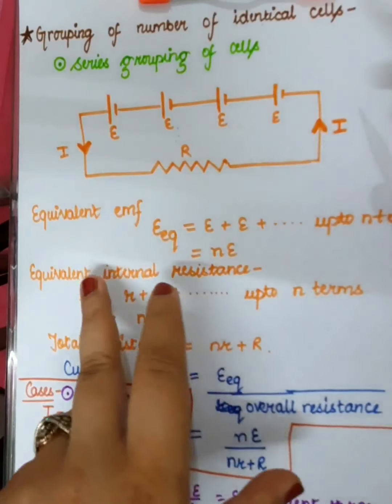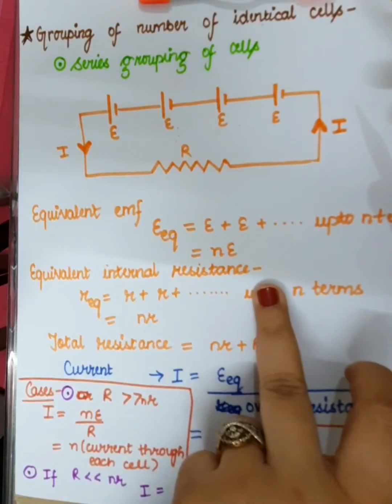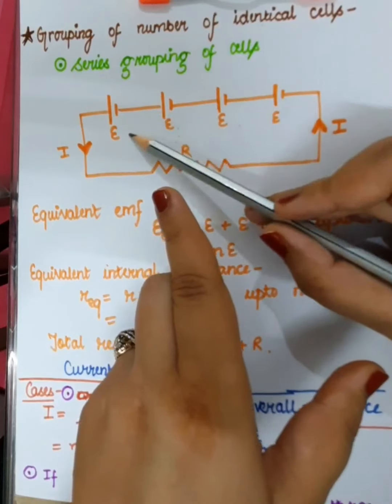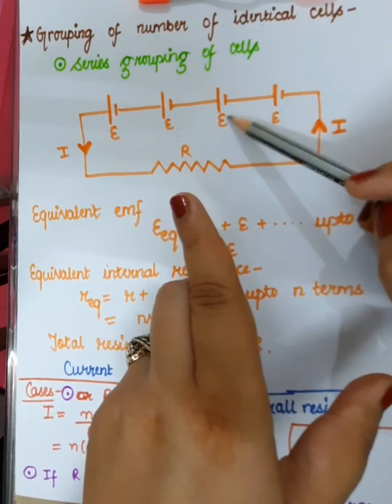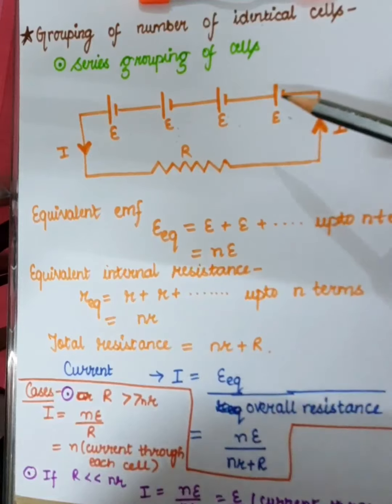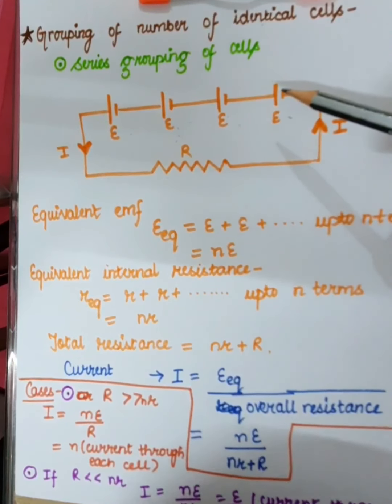And what would be the value of the equivalent internal resistance? Again the same thing. When I took non-identical cells, the equivalent resistance came out to be r1 plus r2 plus r3 plus r4 and so on. Now in place of r1, r2, r3, you can simply put r, because here you simply have identical cells.